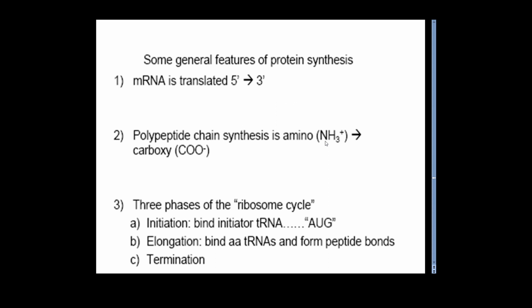Details of protein synthesis. Messenger RNA is translated from 5' to 3' end, and synthesis of amino acid sequence begins from the amino end and finishes at the carboxy end. And in the ribosomal cycle there are three phases.